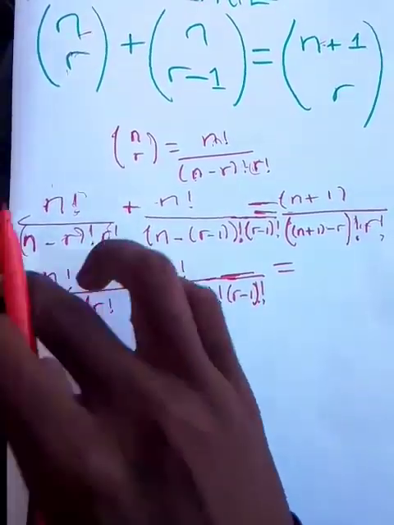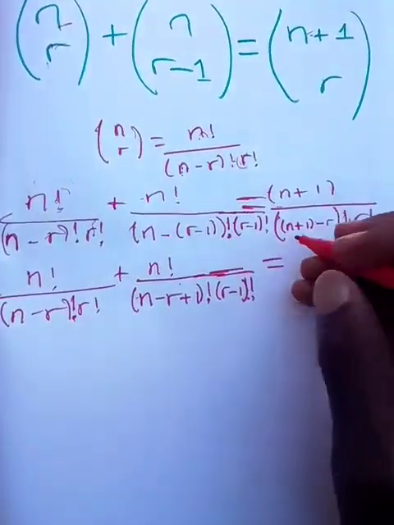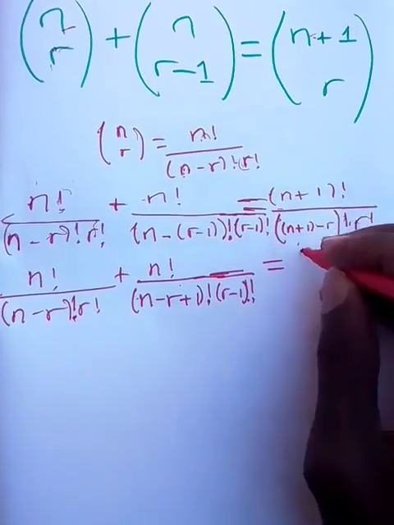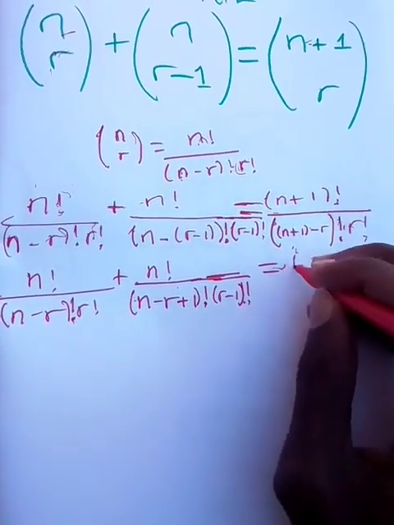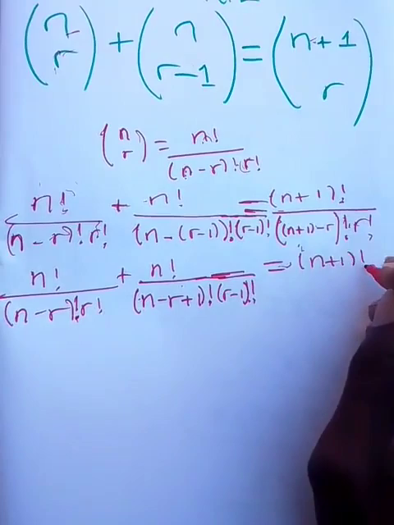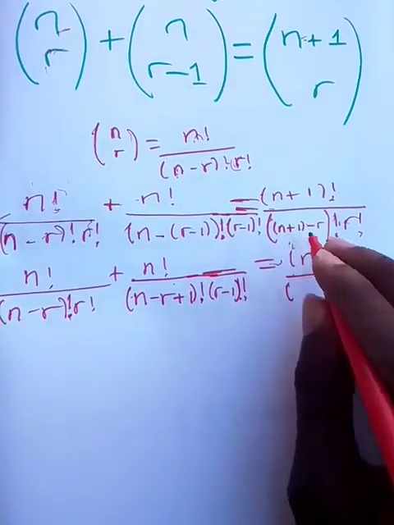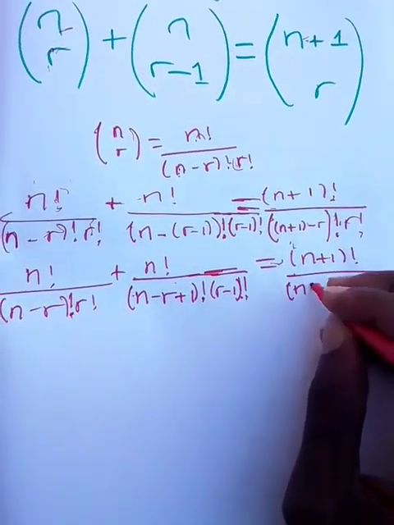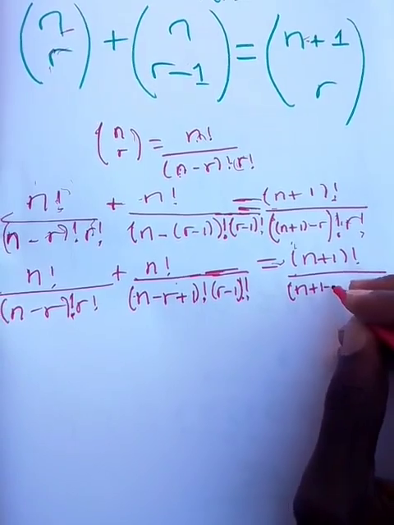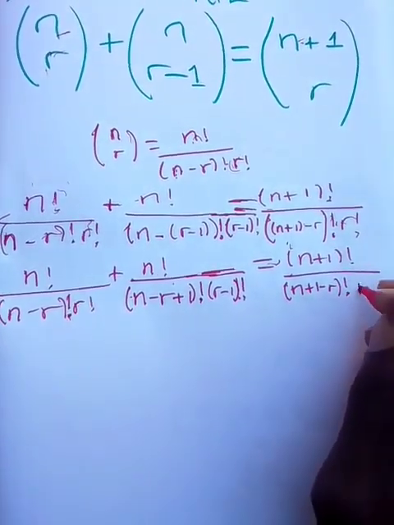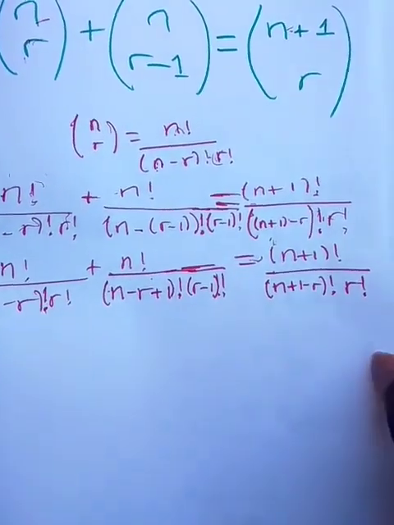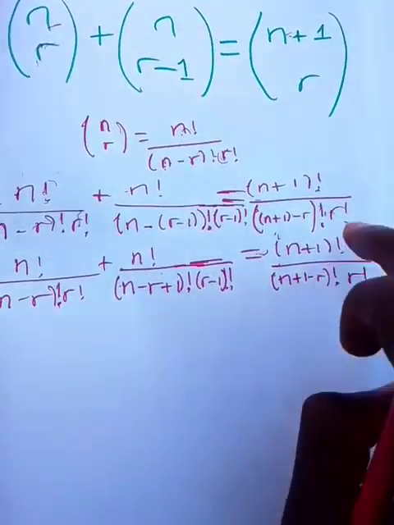We need to show that if I simplify this, it is going to give me n plus 1 factorial over, and even these, let's try to simplify them. So we're just going to have n plus 1 minus r factorial, r factorial. Whatever you're going to do, you need to end up with this.